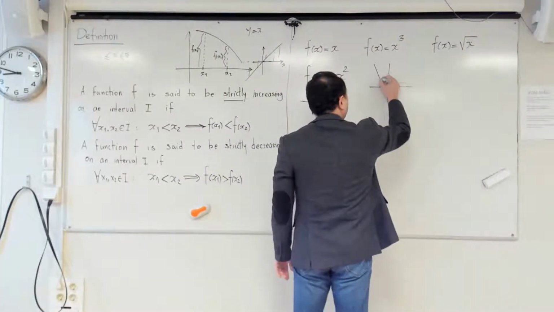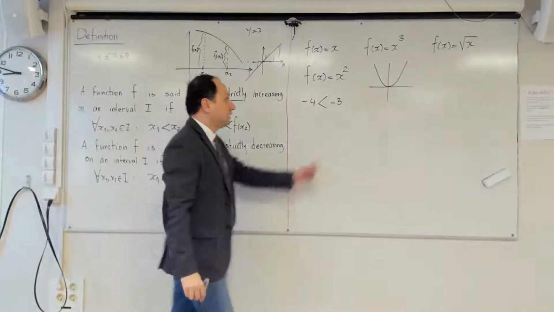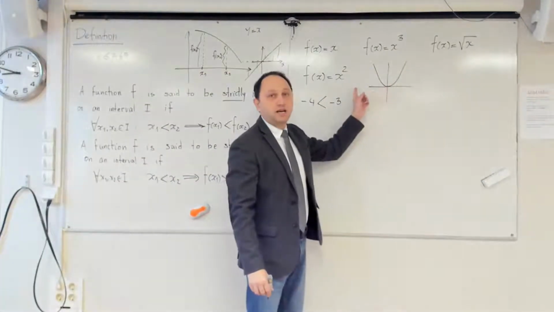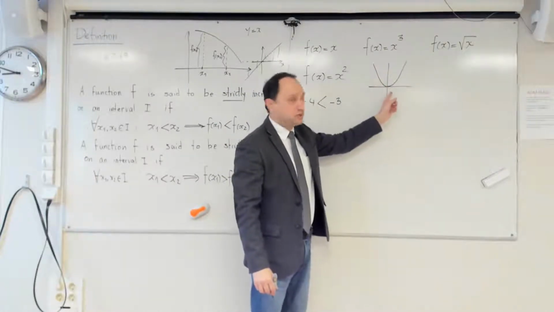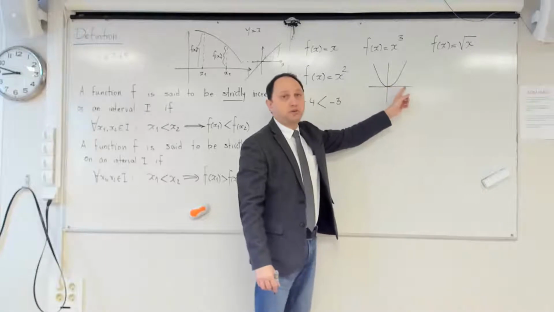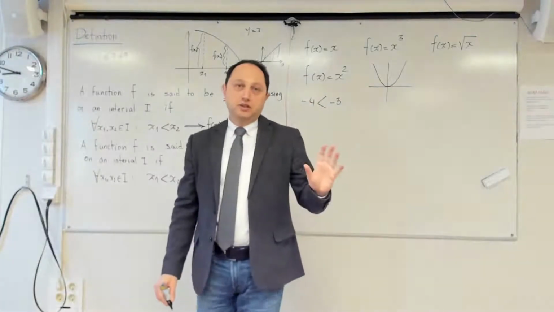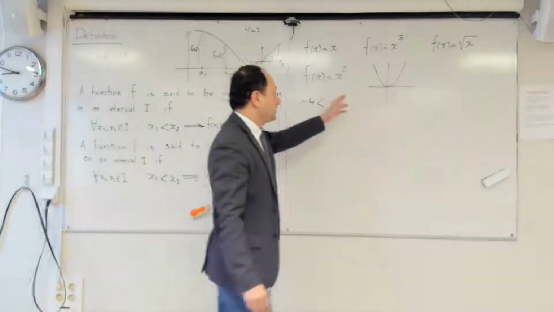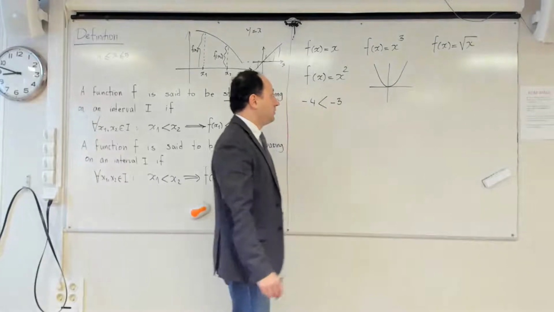Do you remember? The graph of the function f of x equals x squared is like this. When I am on the negative side of the x-axis, the graph of the function is going down. And then immediately when I go to the positive side, the value of the function is going up. So this function is going down on the negative side and going up on the positive side. So be careful about these points as well.